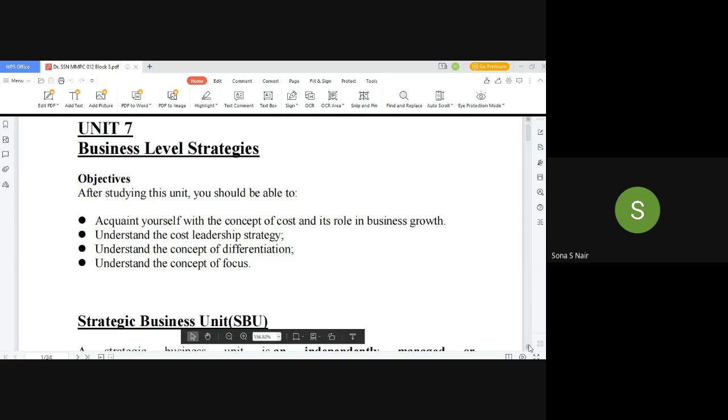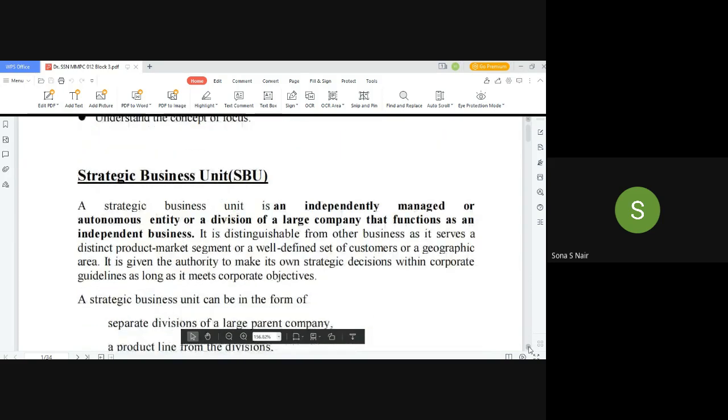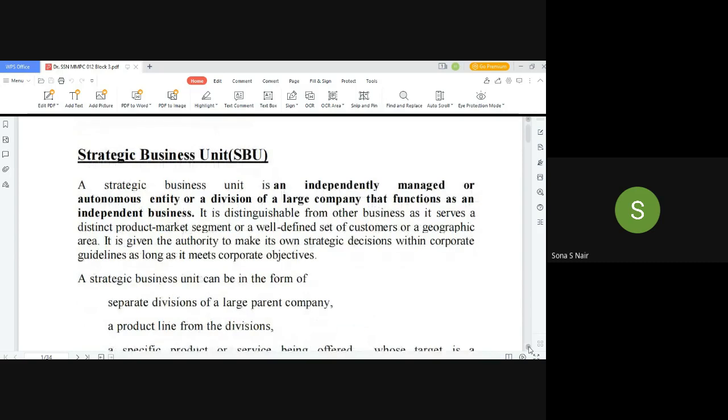Right. So before we come to the choosing of the strategies, let us also define the strategic business unit. Now, what is a strategic business unit? A strategic business unit is any independent entity of an organization which functions in an independent manner, and it is distinguishable from the other businesses because it might be catering to a different product, it might be catering to a different customer segment, it might be in a different geographical area, and it has the authority to make its own strategic decisions.